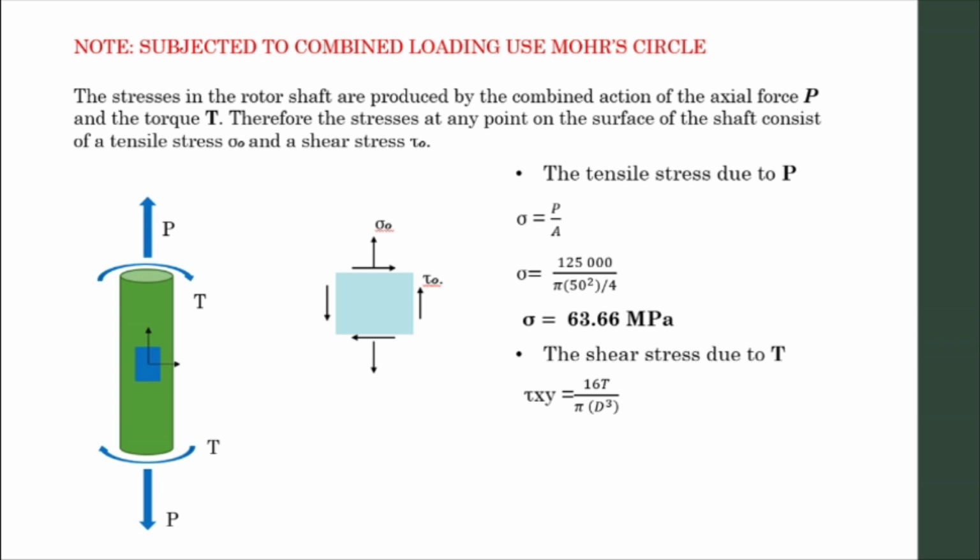So, 16, then T mo is 2.4 kN·m, para maging N·mm, times 10 raised to 6, over pi, diameter natin is 50 mm. So, 16T over pi d cube, our shear stress is 97.78 megapascal.